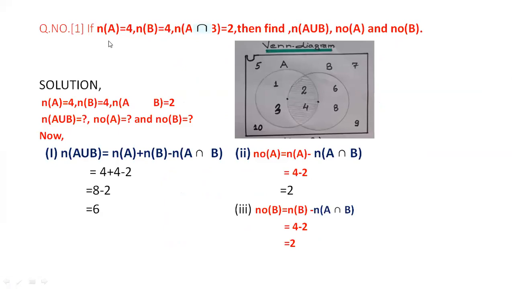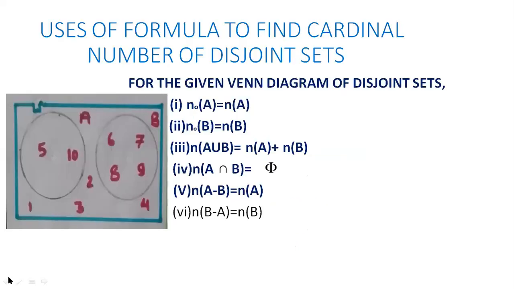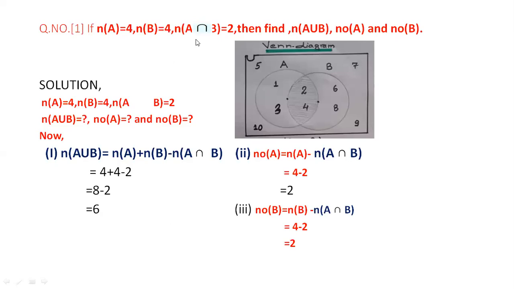N A equals what? Simrika, can you read it? 4. N A equals 4 and N B equals 4. And here must be A intersection B. This was copied here.